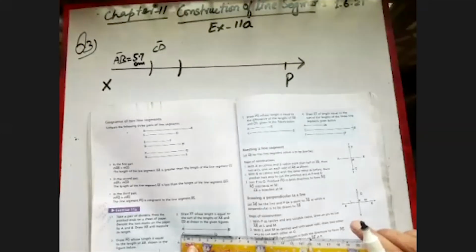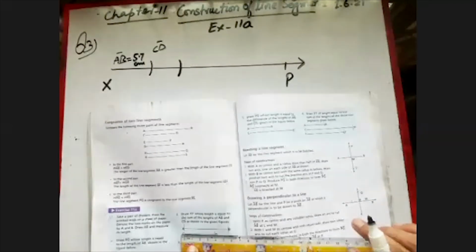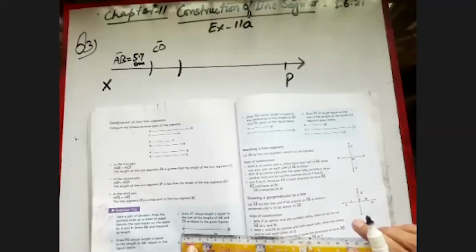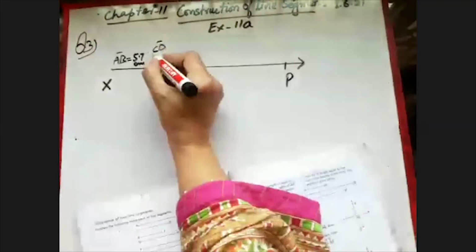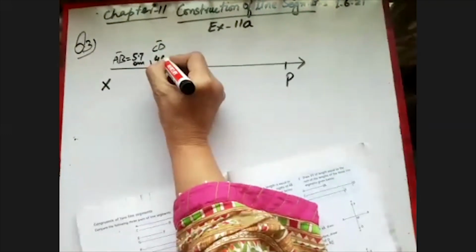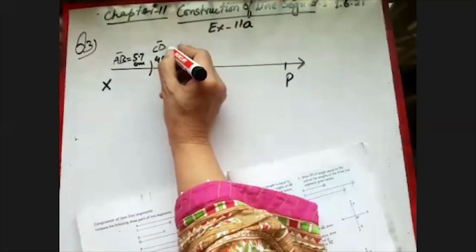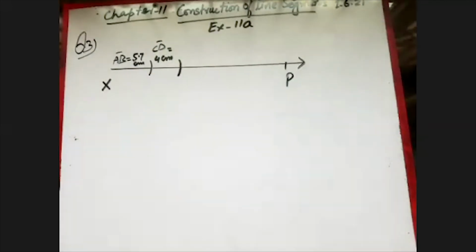And what is the length of CD line? Put the 0 of your ruler on the C end and then measure the length, which is 4 centimeter. CD is 4 centimeter.